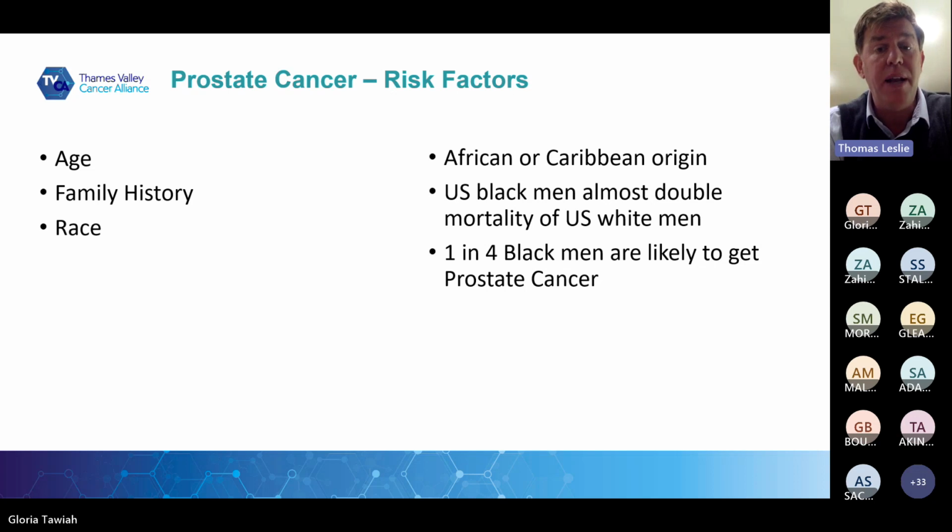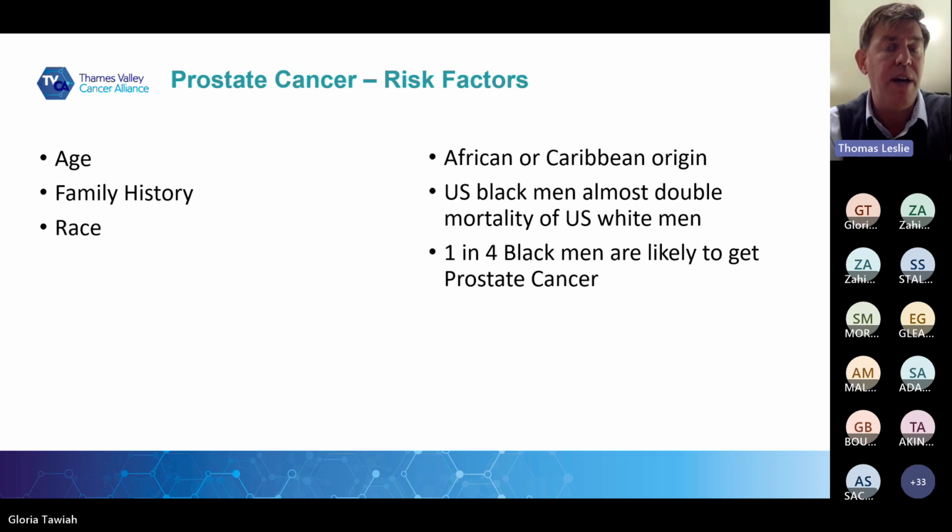So 1 in 4 black men are likely to get prostate cancer in their life, and we have in the Thames Valley, as everywhere throughout the UK and the world, a large cohort of Afro-Caribbean men, and that's not demonstrated in the cancer statistics, is it?